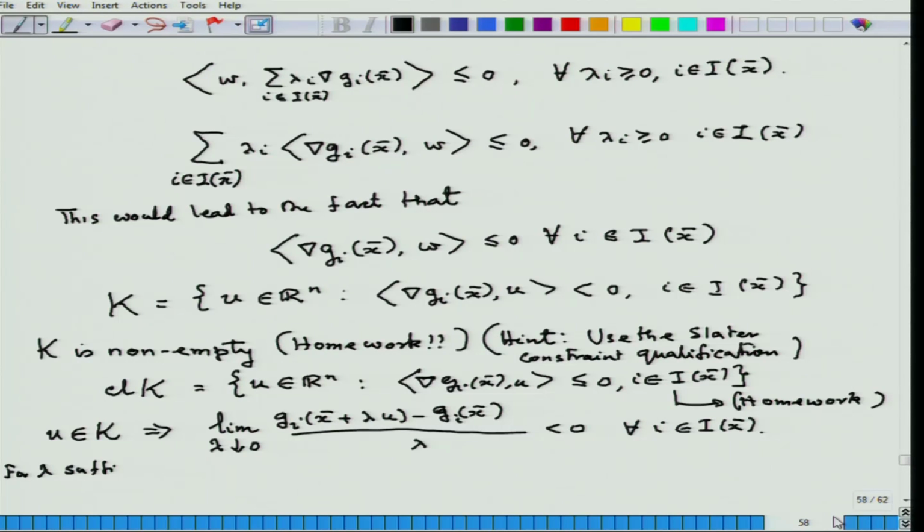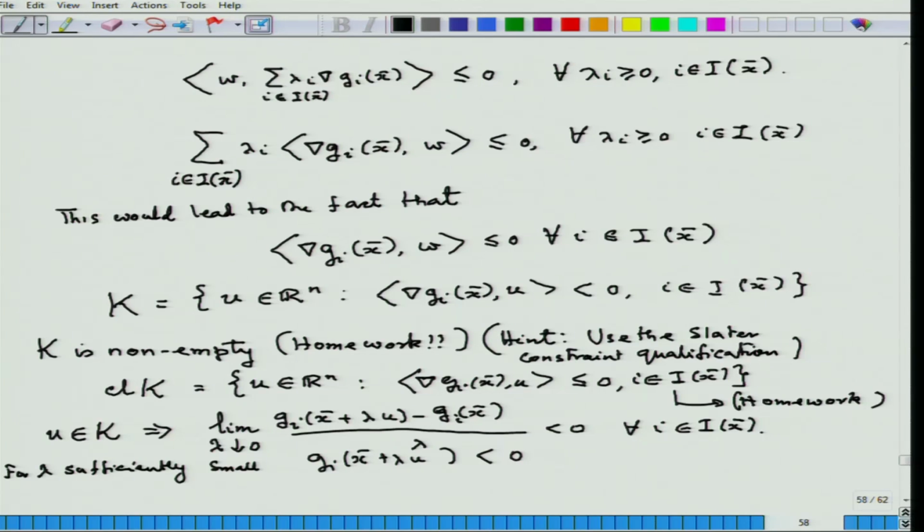So, for lambda greater than 0 and sufficiently small, what do I have? I have the following. For those i in I(x bar), g_i(x bar plus lambda u) would be strictly less than 0.